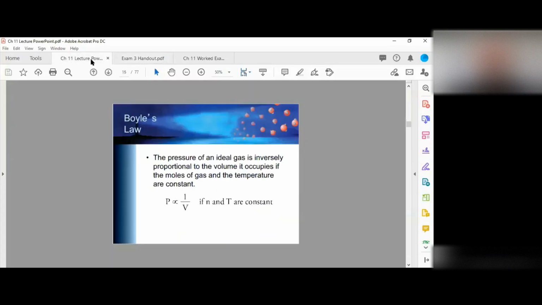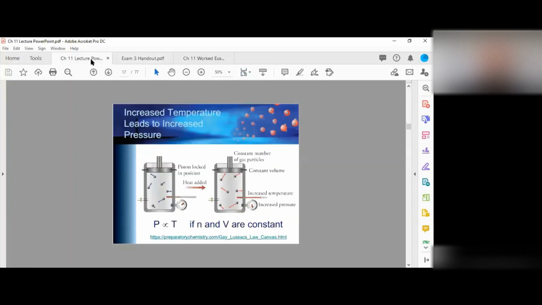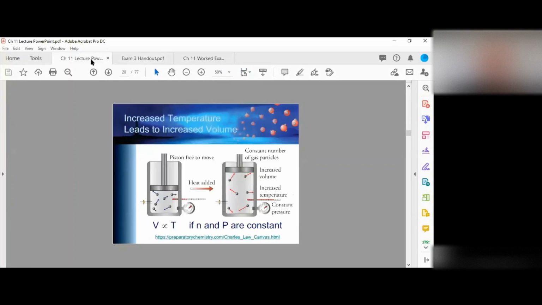Okay, the second law I want to talk about is Charles' law. Charles' law, here's the name. And this law basically relates volume and temperature.